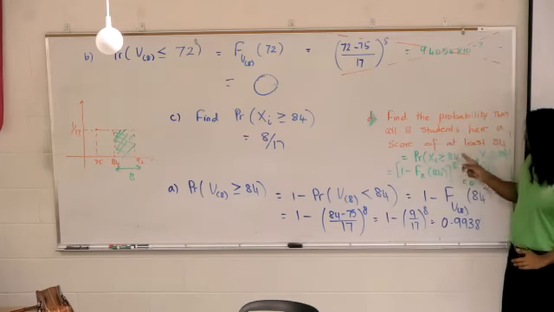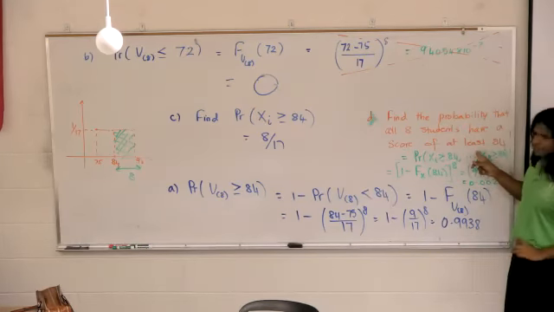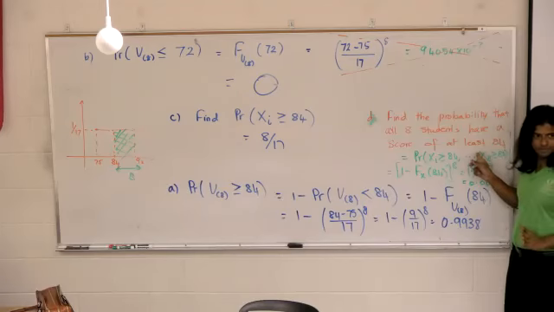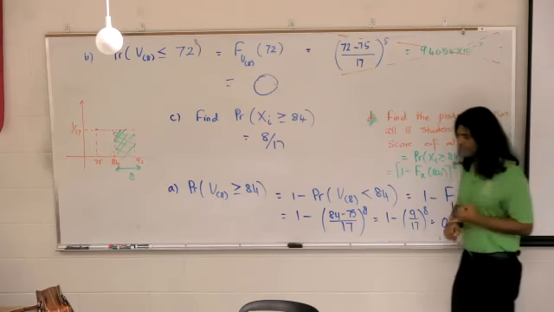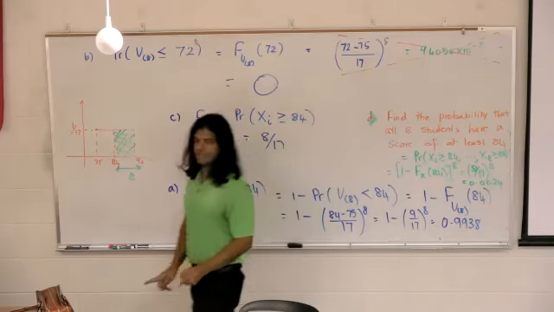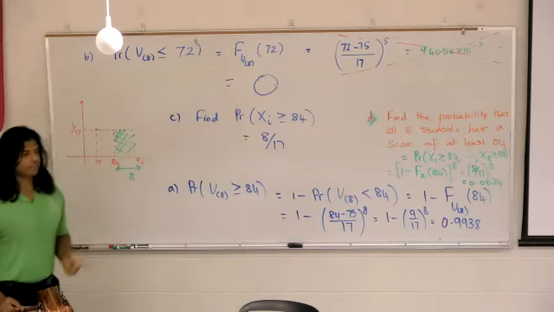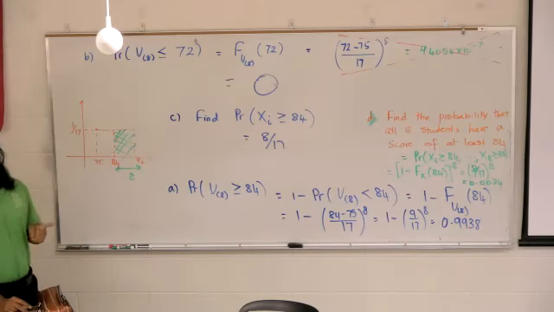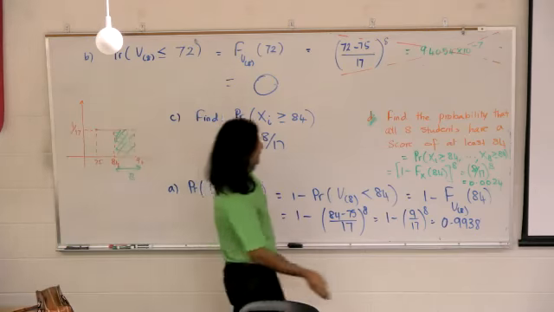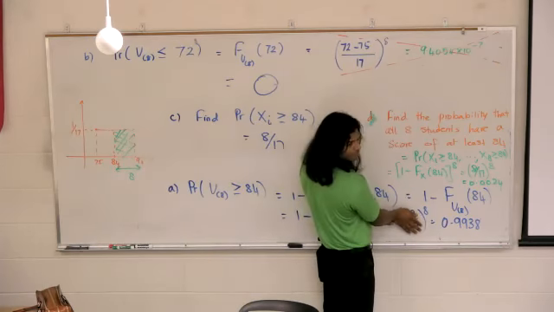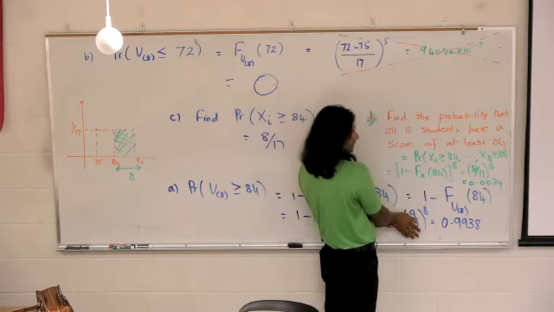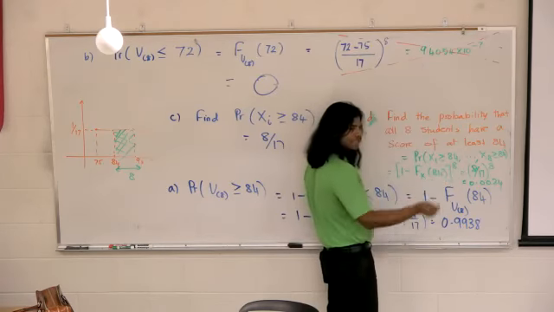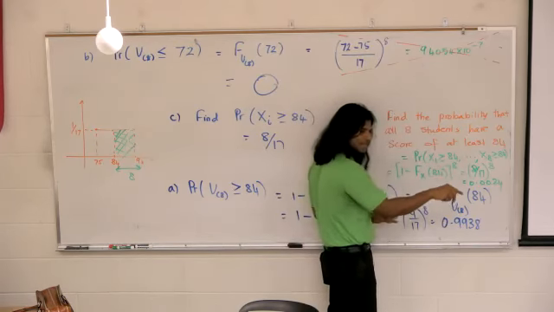If I change at least 84 to at most 84, and I asked you, what is the probability all 8 students would have a score of at most 84? Oh, yeah, I see what you're saying. Then you would say the first one would have a score of at most 84, probability 9 out of 17, and the second, and the third, and the fourth.